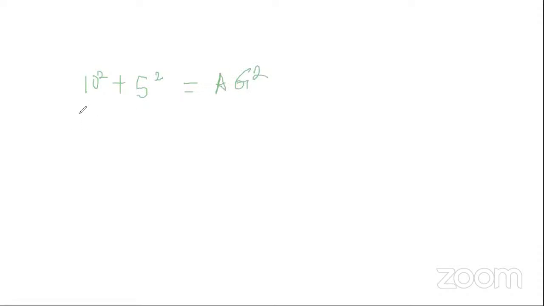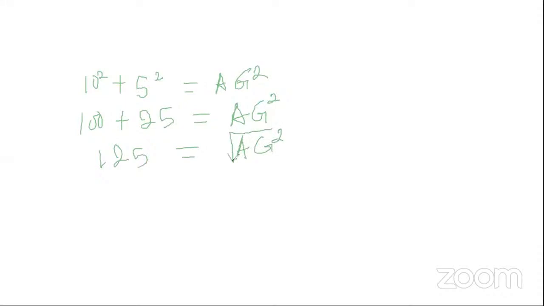So 10 squared, we had seen it is 100, and this is the 25 equal to AG squared. So this will be 125 as given in the chart by Hope is equal to AG squared. Then here we shall take square root.